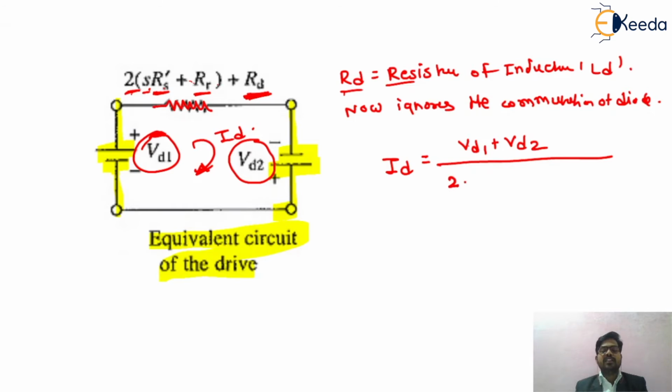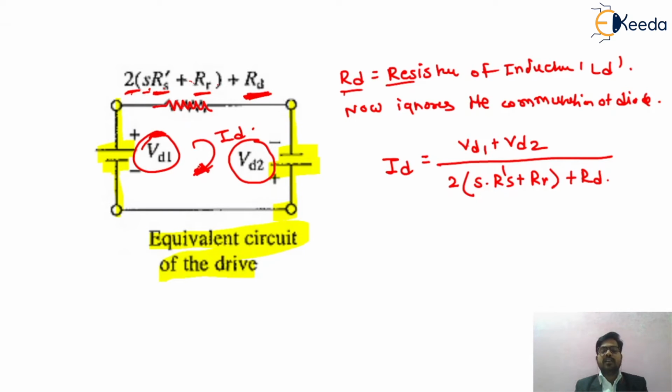So what should be the value of the resistance? 2 into S into R dash S plus RR plus RD. This will be the value of the current which will be flowing through that equivalent drive.